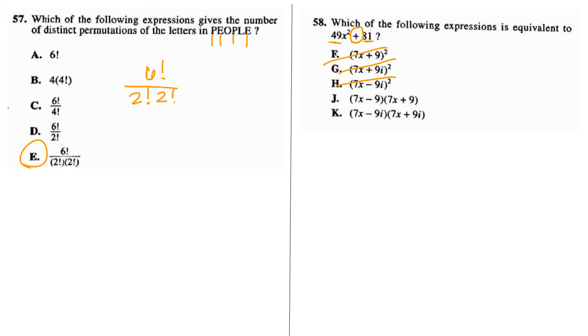Now, this will give me 49x squared minus 81i squared, which becomes positive 81 because i squared is -1. So that means my answer choice would have to be K.